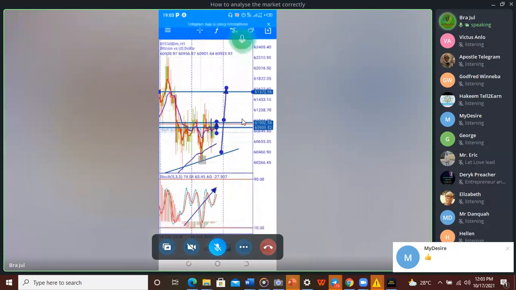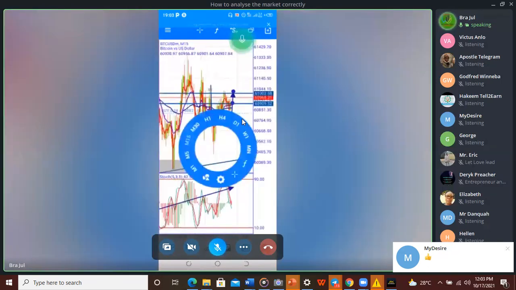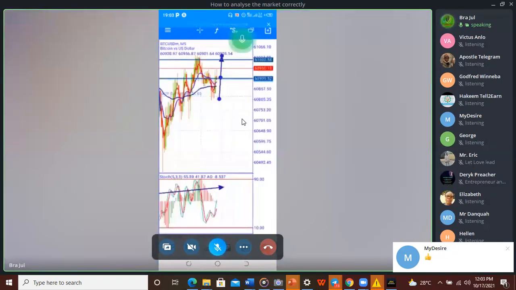I know that the price must surely move to the upper side. If I want to take a trade, the only thing I have to do is come down to the M15 or, let me say, M5 and find whether there has been a respect of the trend towards the upper side. If that's the case, then I enter my trade based on the lower time frame.